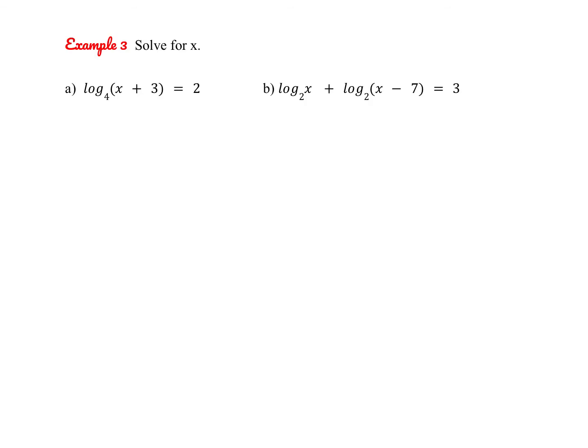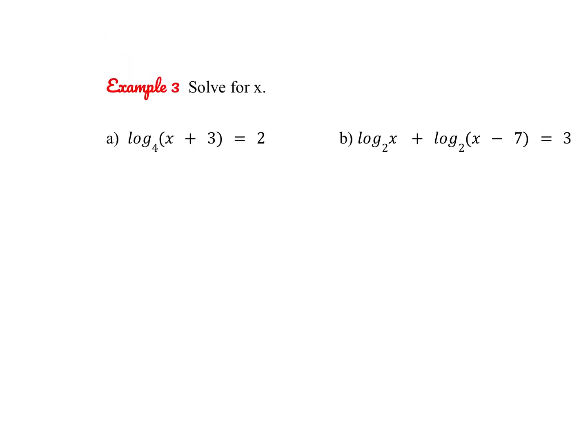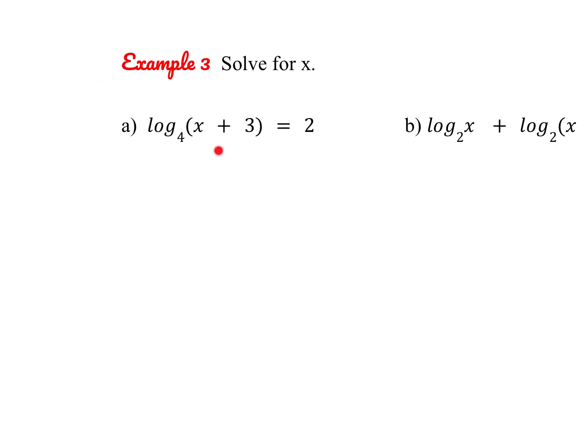All right, so let's give these two a try together. So for this first one, we just have a single logarithmic term. Log base 4 of x plus 3 equals 2. So we can actually rewrite this straight into exponential form. So this would be 4 to the power of 2 equals x plus 3. And then from here, we just finish solving.